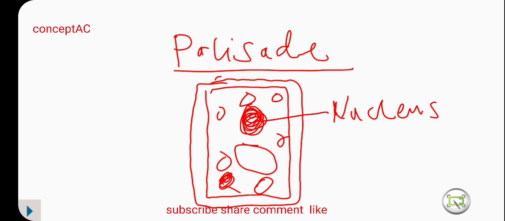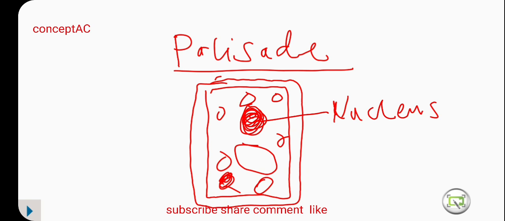So now, these are examples of specialized cells.